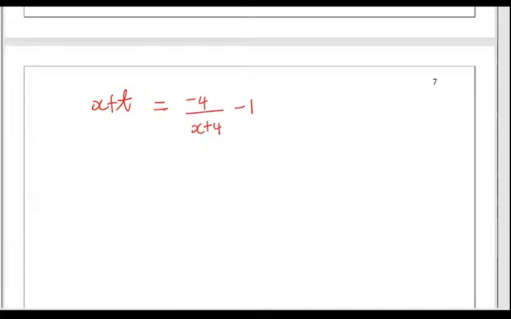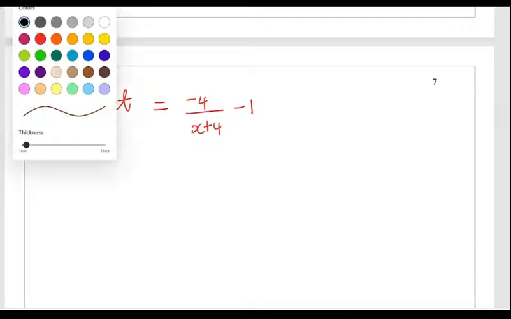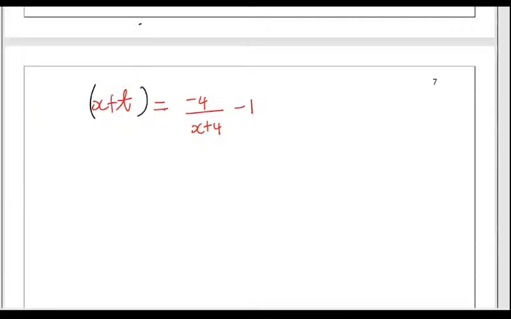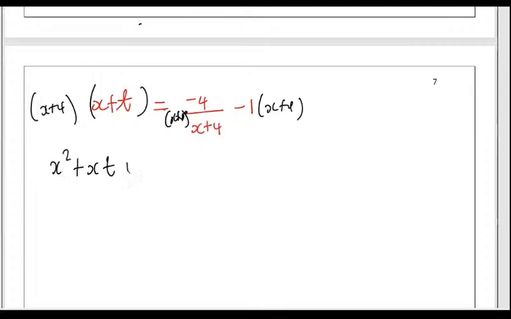Let's multiply through by the denominator, which is x plus 4. We have x plus 4 here, and we also have x plus 4 there. So we're going to have x squared plus xt plus 4x plus 4t. This cancels that. We have negative 4 minus x minus 4.